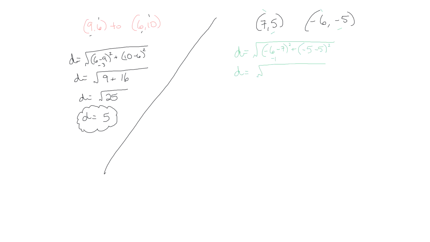So negative 13 times negative 13 is 169, plus negative 10 squared is 100. 269. What goes into that? 3, 11, 17, not 3. What about 7? Not 7. 11, maybe. I'm just going to leave it as square root of 269.